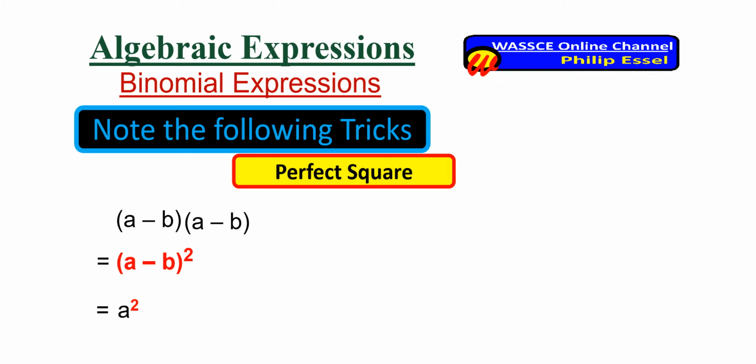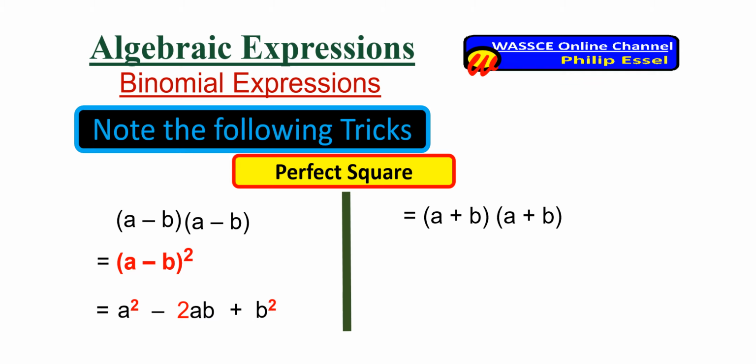When we do this, we would get negative 2ab. We would finally take the square of the second term. In this case, the second term is negative b. The square of negative b is positive b squared.